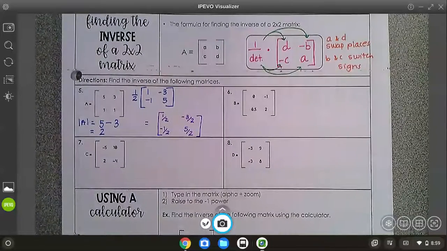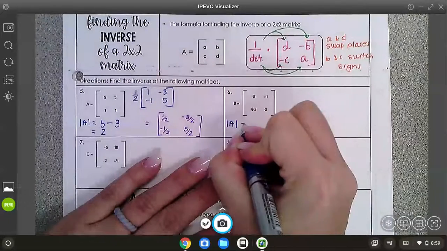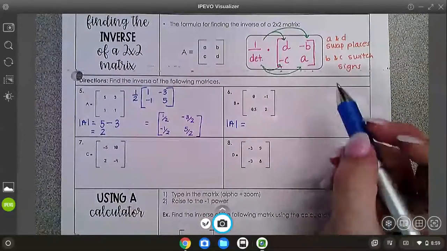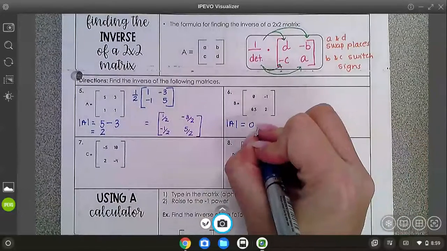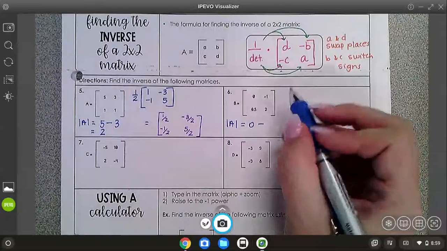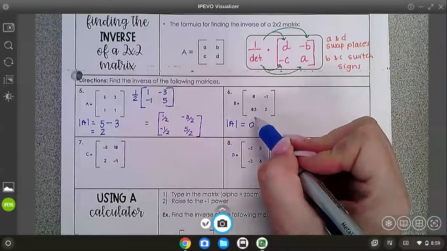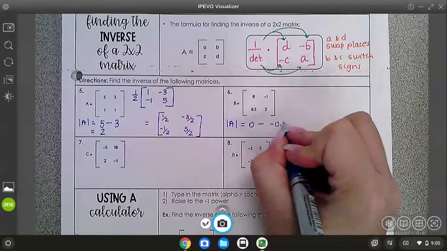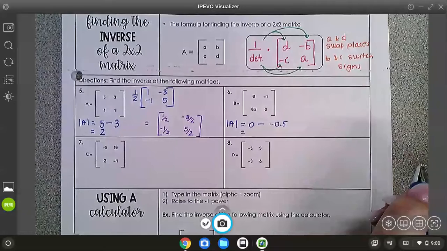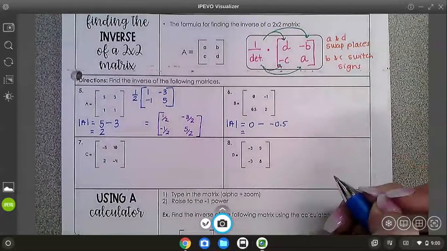So let's try number 6. The determinant of A: 0 times 2 is 0, minus -1 times 0.5 is -0.5. So 0 minus negative, that's really plus.